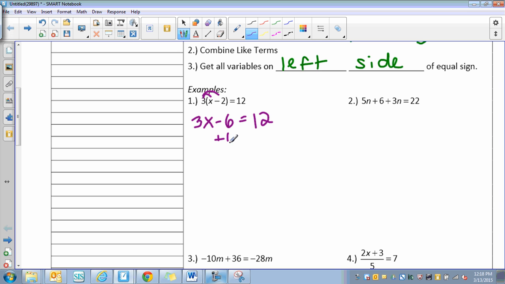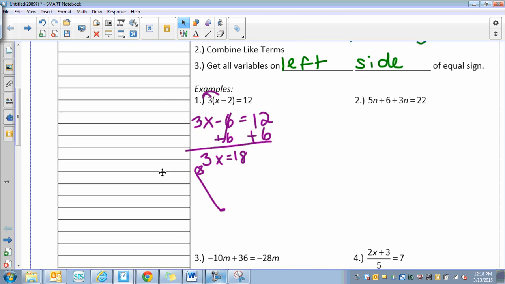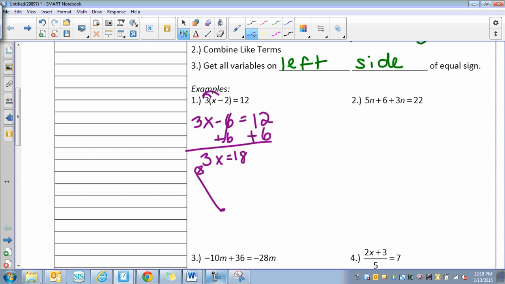So we can add 6 to both sides. So we have 3x equals 18. And then to get x by itself, we are going to divide by 3 on both sides, and so we get x is equal to 6.